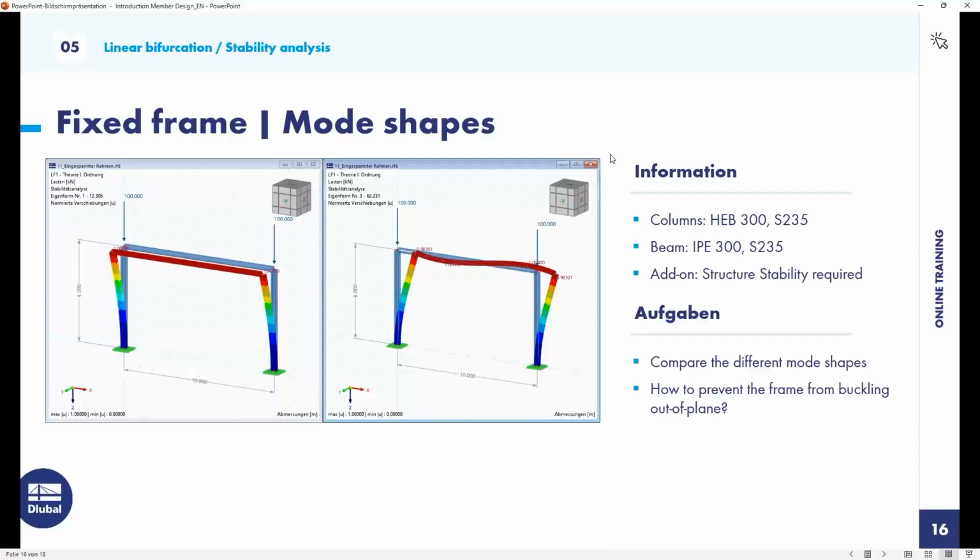And in this last example, we again want to calculate the mode shapes for this fixed frame, and especially for the columns. And here it is not completely trivial to decide which effective length factors these columns have, because they are held by this horizontal member.